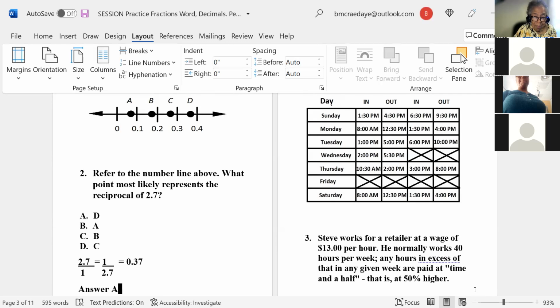So let's see now. 6 and 7 is 11. 13. 39 hours.